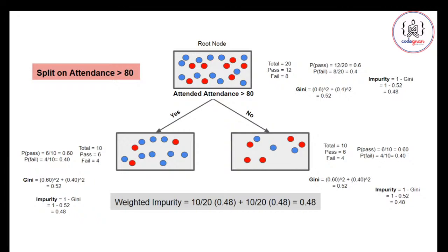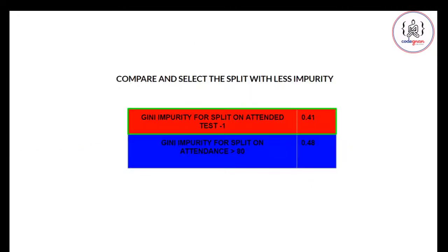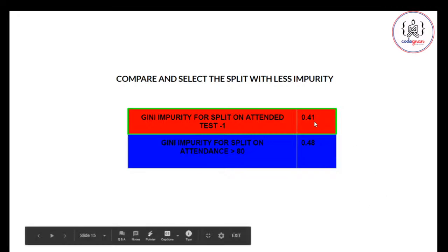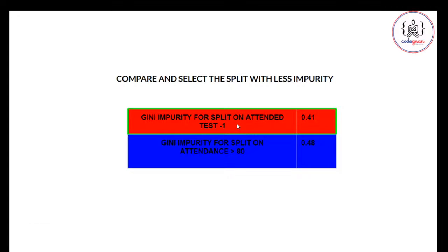Why? Because if you see here, let's compare these two. Gini impurity for the split on attended test was 0.41, right? And Gini impurity for the split on attendance is coming out to be 0.48 here, right? And here if you see, the impurity is less if you split on attended test.